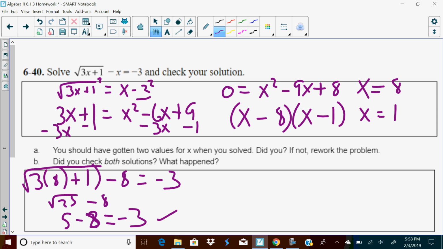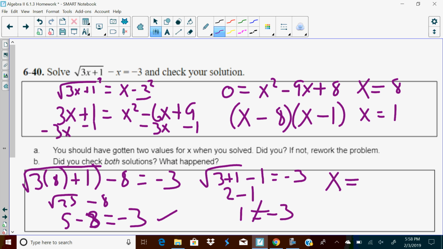So that works. Then I plug back in the 1. I get the square root of 3 plus 1, which is 4, which is 2, minus 1, which is 1. It's not equal to negative 3. So x equals 8 is the only solution.